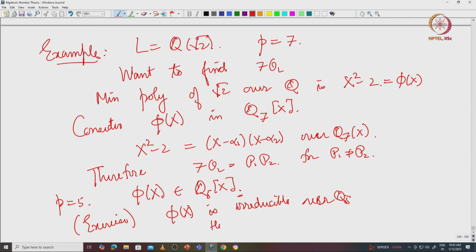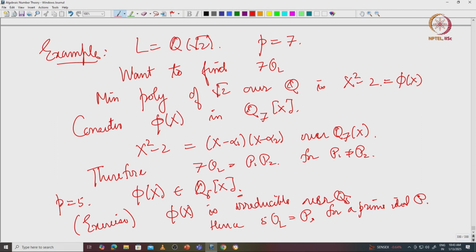So, hence in this case 5 O_L is just P for a prime ideal P. Okay, that is not quite true. It could have a power.